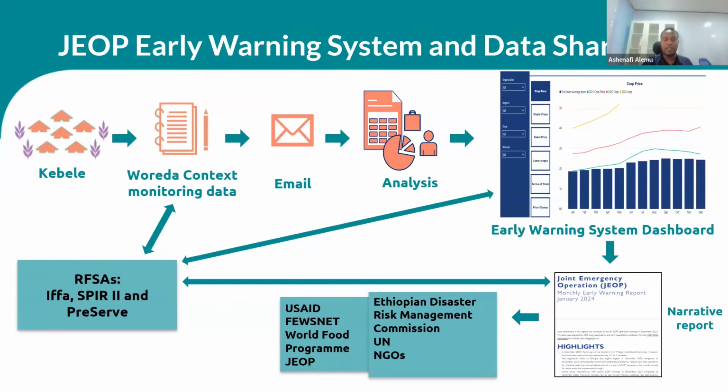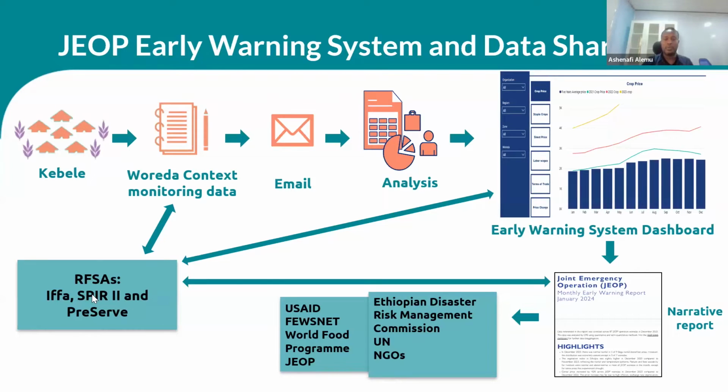So the map here shows the JOB data collection and sharing activities. As you can see here, JOB collects data from the community level, both primary and secondary data.